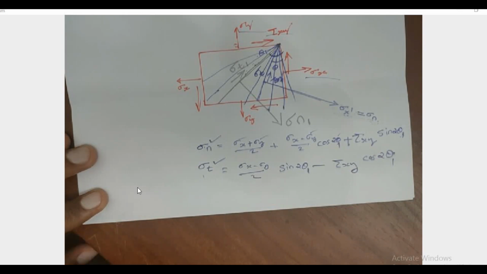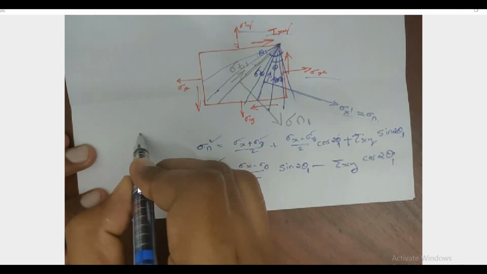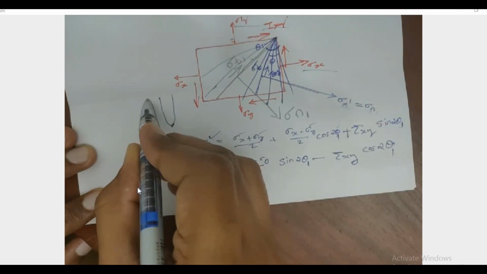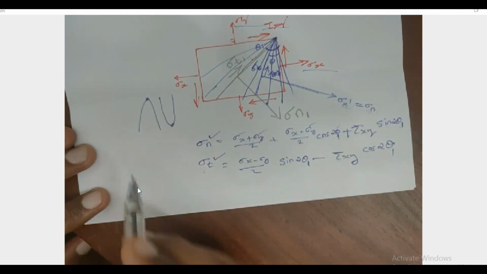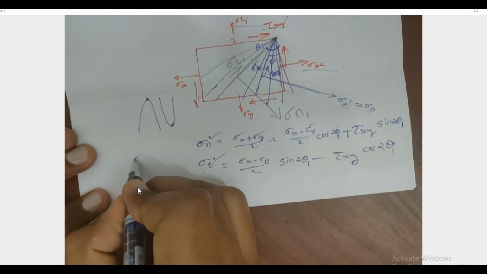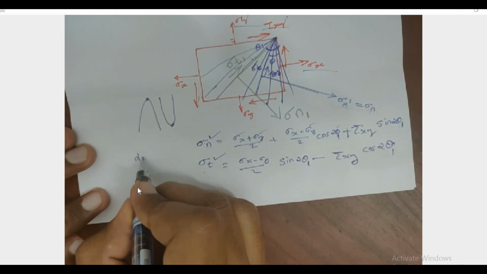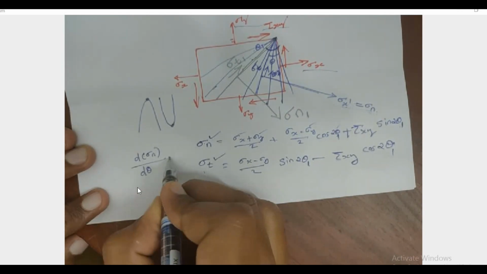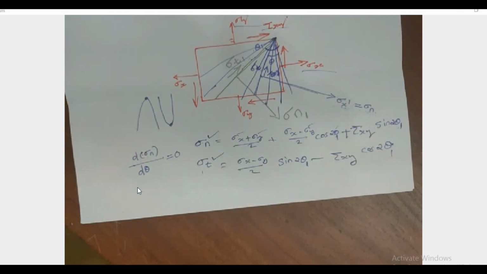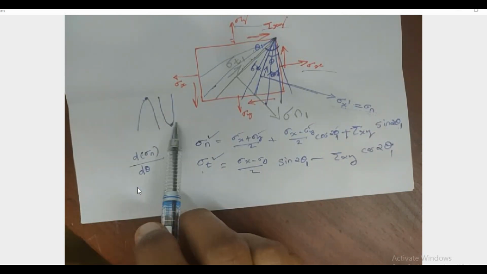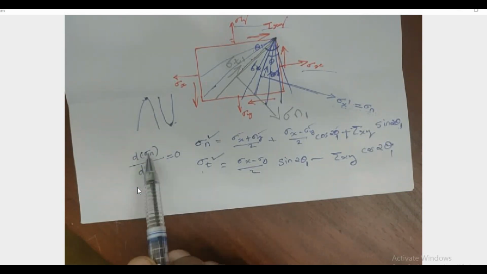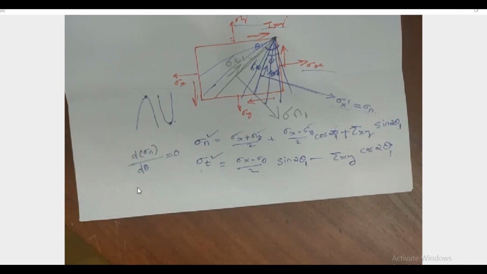For any quantity which is maximum or minimum, you already studied in your mathematics class, the differential of that quantity with respect to the variable will be zero.